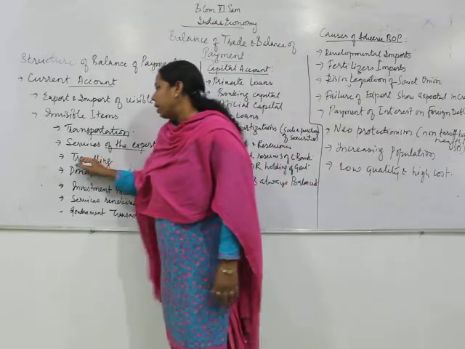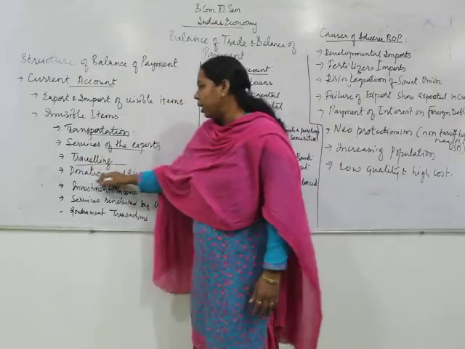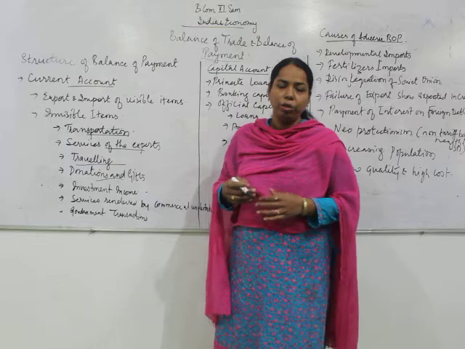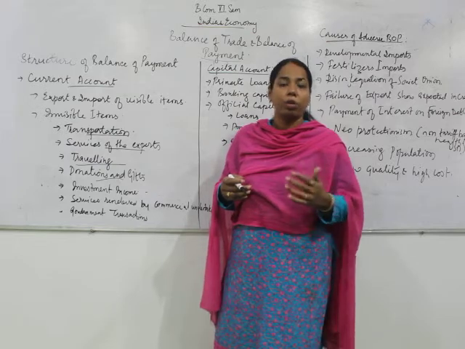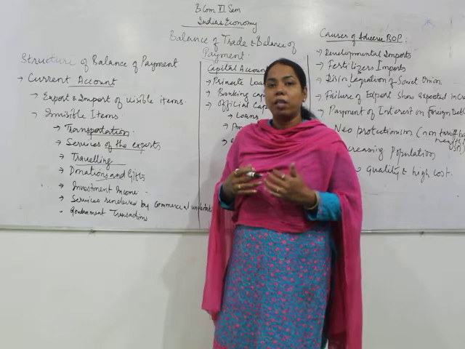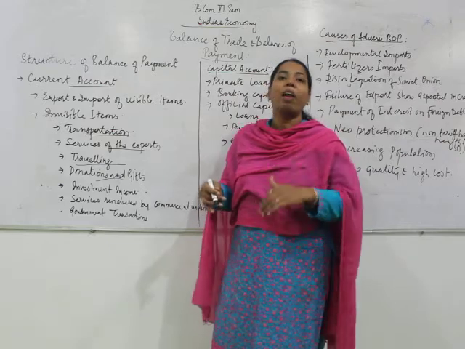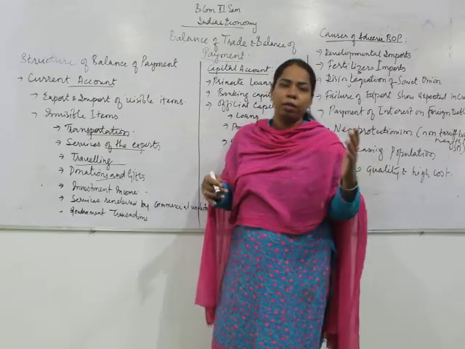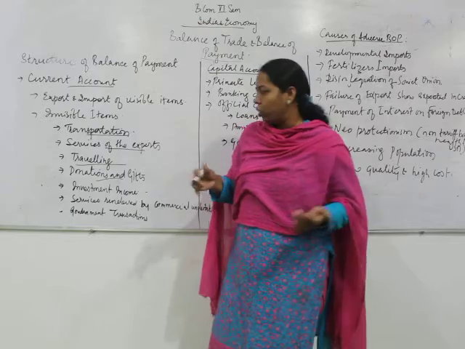Then the next one is traveling. Then the donations and gifts which are received by a country, as well as gifts received by an individual of a country from relatives situated in some other country.